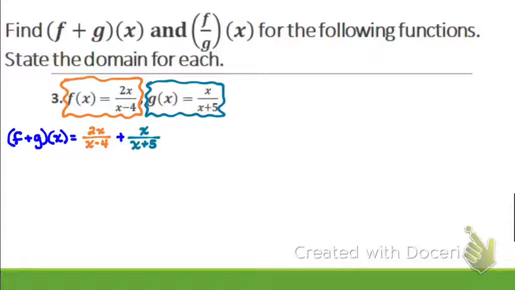If I'm going to add these two together, what do I need? Yes, we're going to need a common denominator. So the first expression, my f of x, I have to multiply top and bottom by x plus 5.